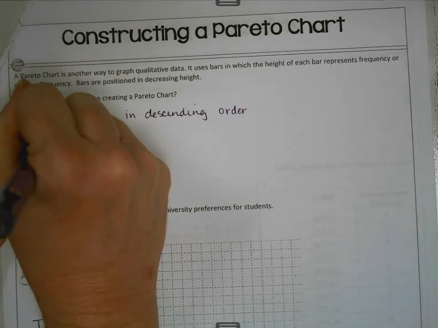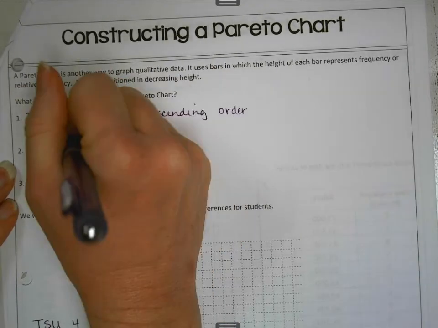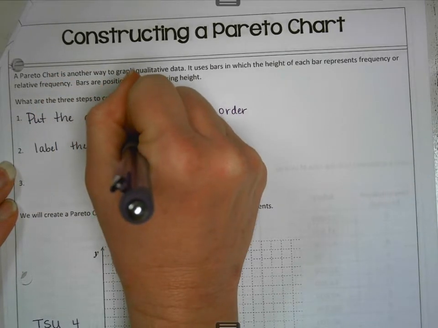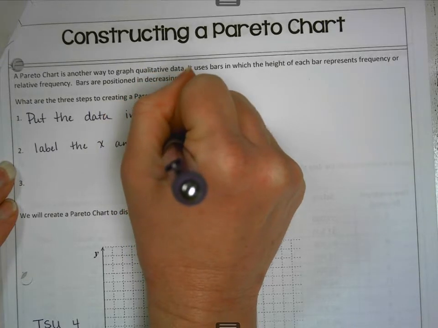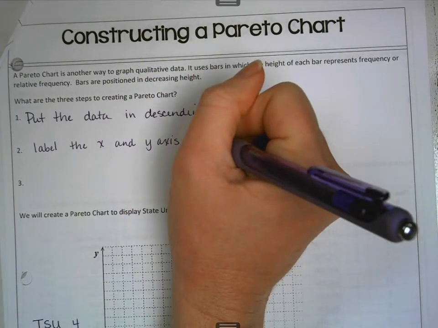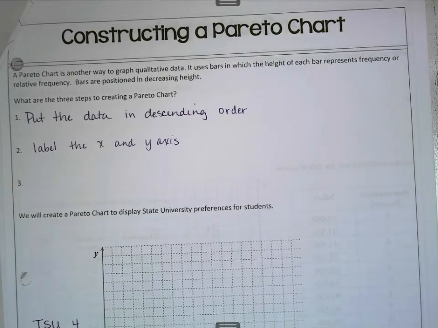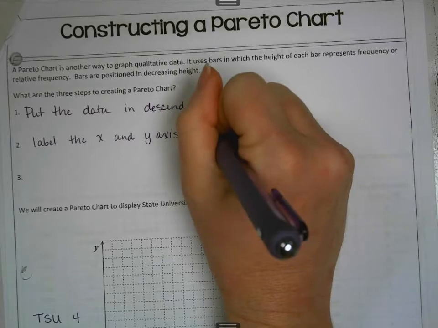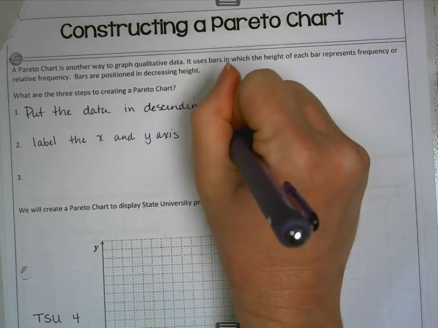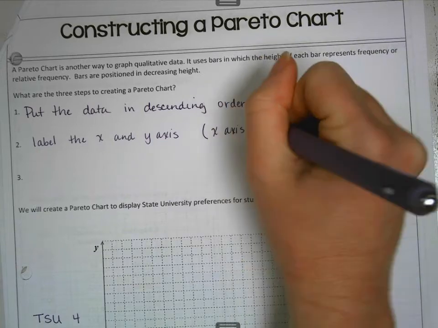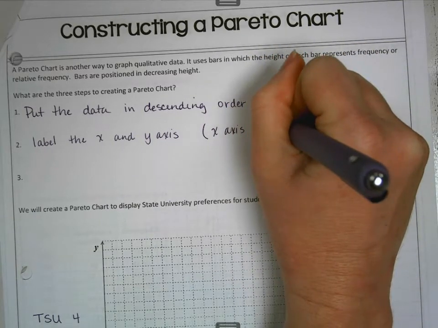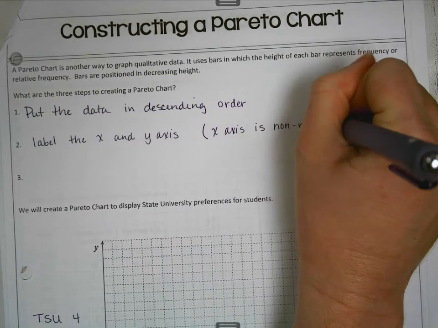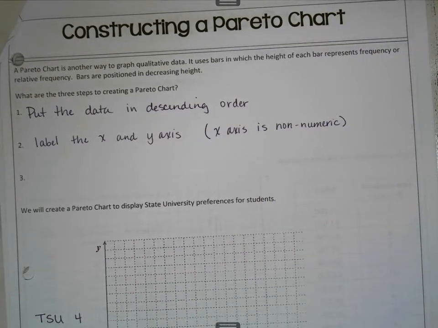You will label the X and Y axis. The x-axis in this case is non-numeric.